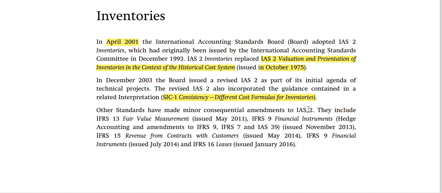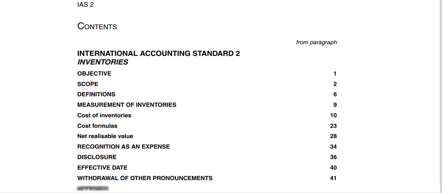However, it is important that you go and check SIC 1. When you are doing the standards, you see how they link to each other, so you understand the interlink. But it's important you look at SIC 1 when you're reading International Accounting Standard 2. Now let's just go further and see what is coming on the other page.